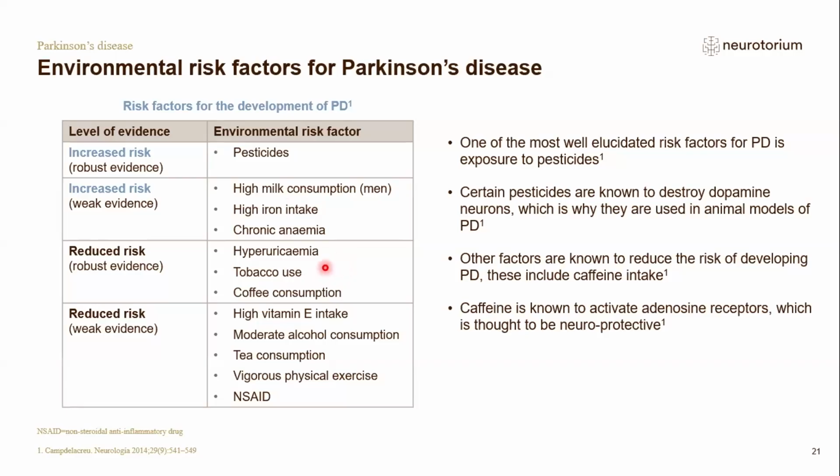And with the weak evidence, if you do vitamin A intake, if you drink alcohol, drinking tea, whether it is herbal tea or these aroma teas, vigorous physical activity, taking NSAIDs, they say they have a reduced risk, but we do not have enough evidence to support it, okay?